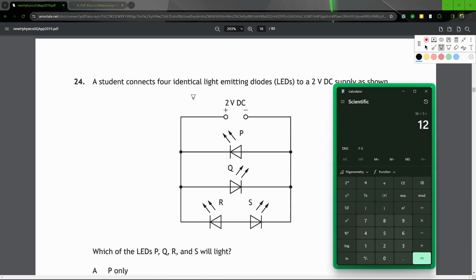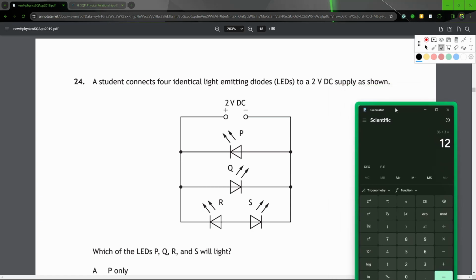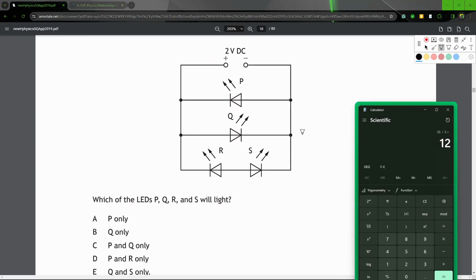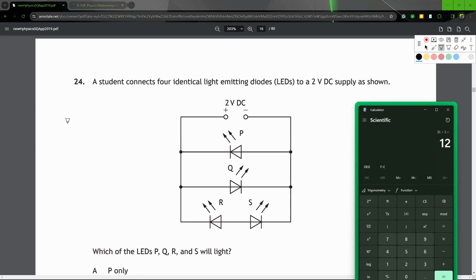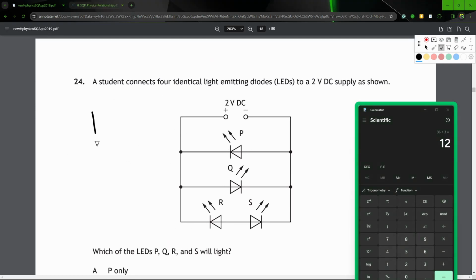Right. A student connects 4 identical light-emitting diodes, otherwise known as LEDs, to a 2-volt DC supply as shown. Which of the LEDs PQ and RS will light? So remember, an LED is a diode, so it only lets electricity in through one way. So pin layout here, I always imagine the arrows are pointing in the opposite direction that the charges are flowing.